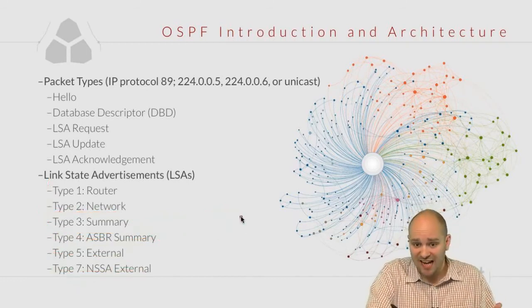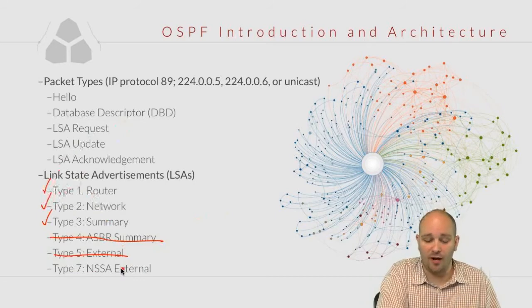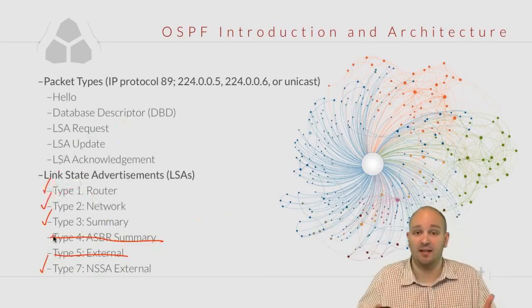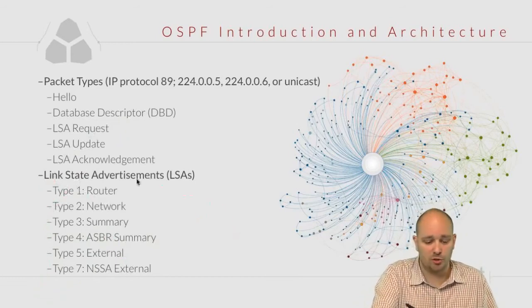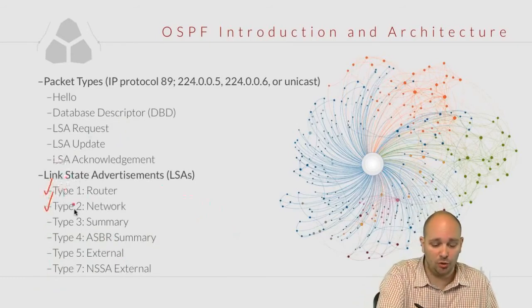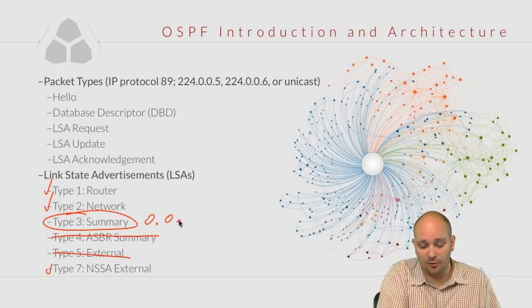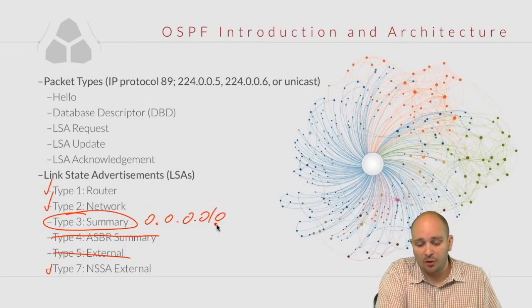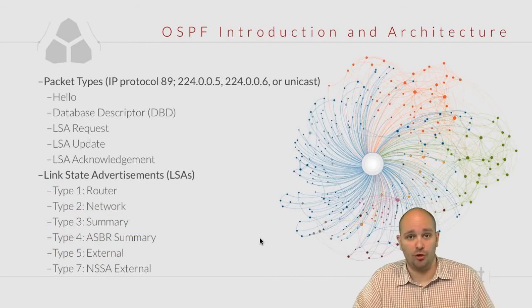In the case of the NSSA area, we can have type 1, type 2, type 3, but we cannot have types 4 and 5, but we can have type 7. Similarly, a totally not-so-stubby area can have types 1, 2, 7, it cannot have 4 and 5, and it will have the default route as a type 3 summary, but all other routes that might be coming from different areas are not going to be there.